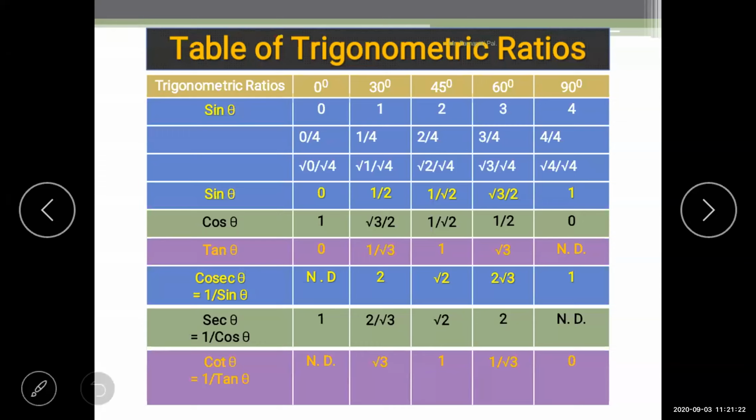So you should remember what the values are. So you are ready for the activity? Here the fastest finger will be considered first. Is it clear? Okay. So we are going to do an activity.